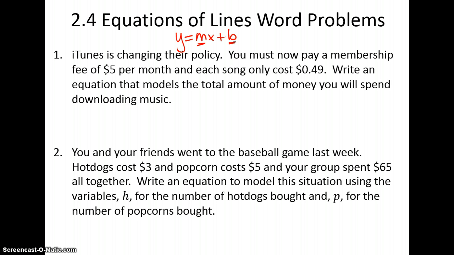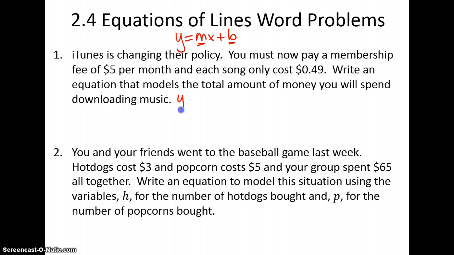So let's take a look at number 1. It says iTunes is changing their policy. You must now pay a membership fee of $5 per month, and each song only costs 49 cents. Write an equation that models the total amount of money you will spend after downloading some music. So the first thing I would definitely do is define some variables.